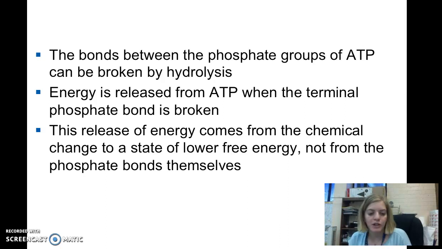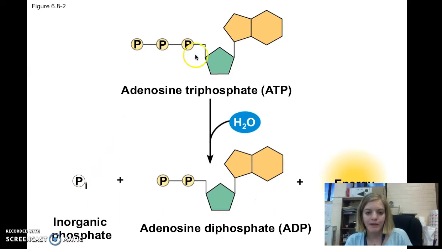And this is an exergonic reaction. So like I said, it releases energy. And if you take a look at this photo, it breaks it down even more. This end phosphate bond is broken by the addition of a water molecule, and we end up with adenosine diphosphate, this inorganic phosphate molecule, and energy.